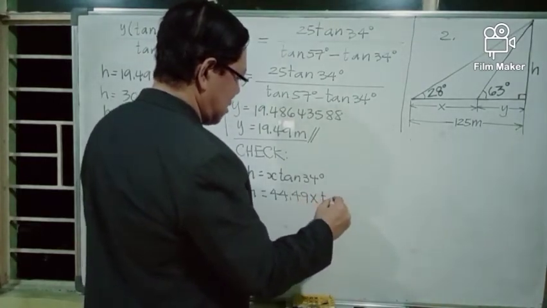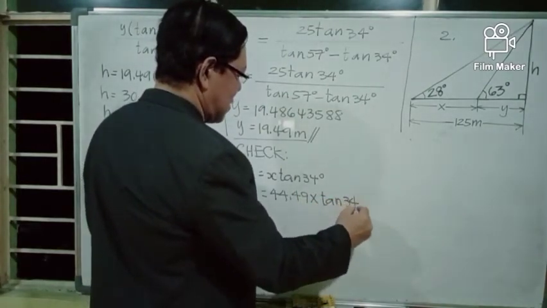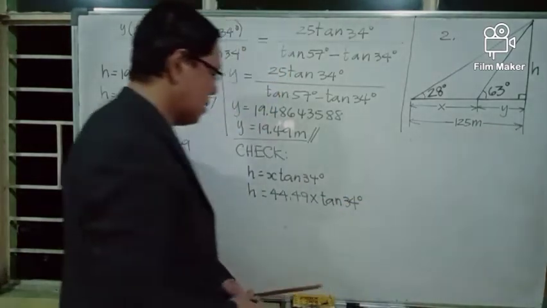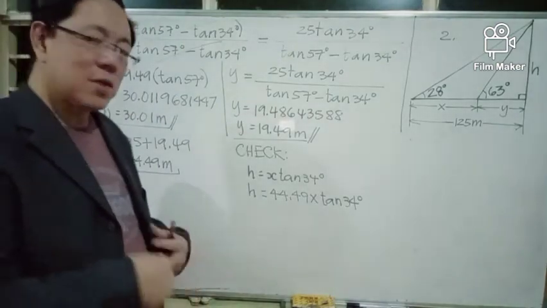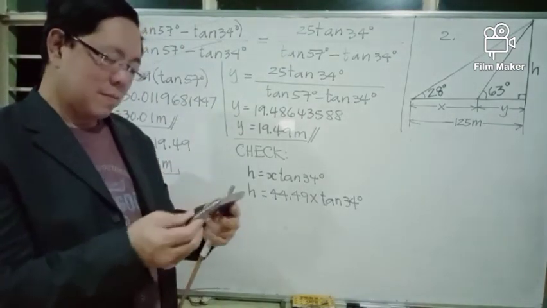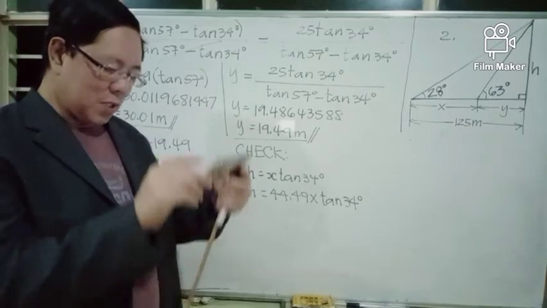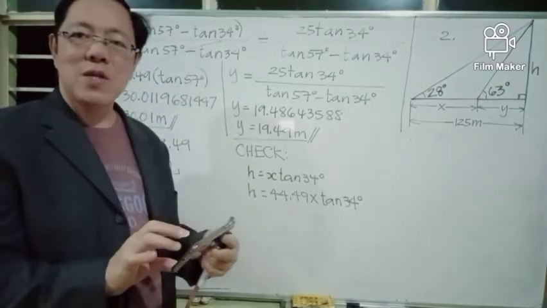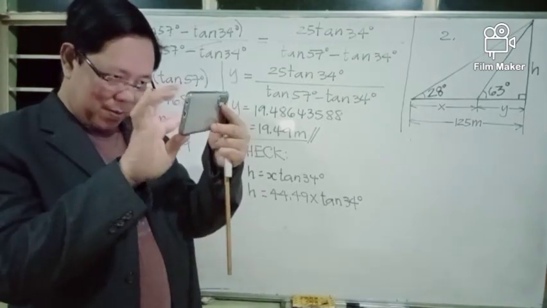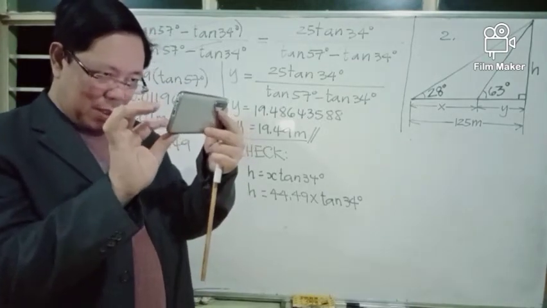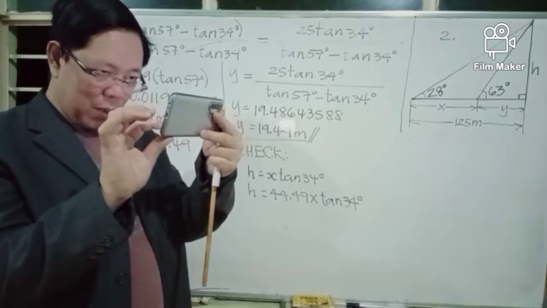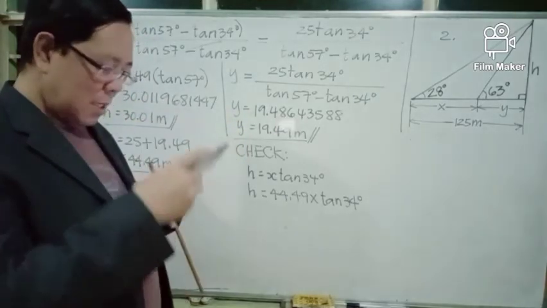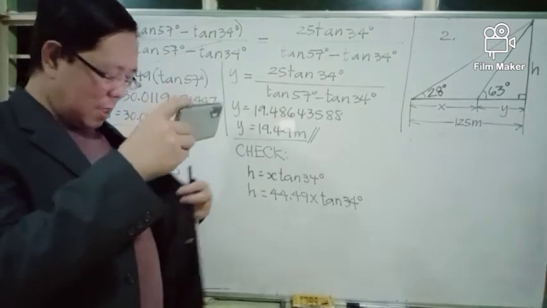We compute that using the calculator again, 44.49 multiplied by tangent of 34 degrees, and you should get 30.0088391.